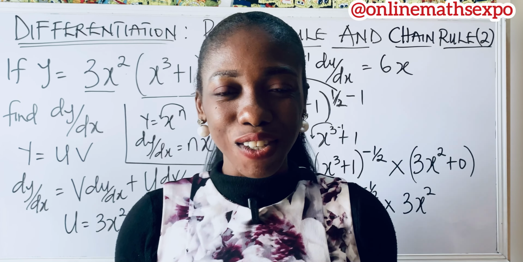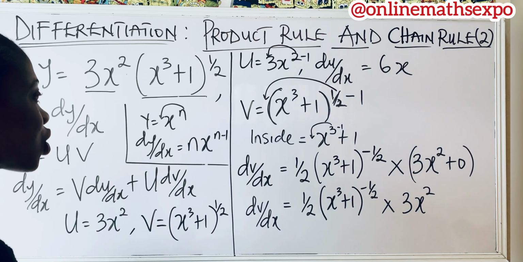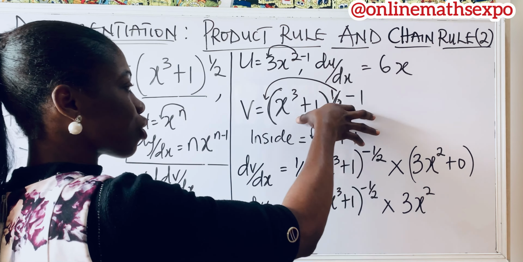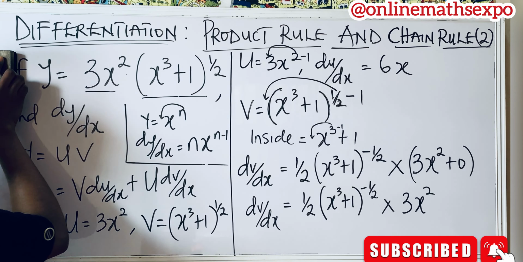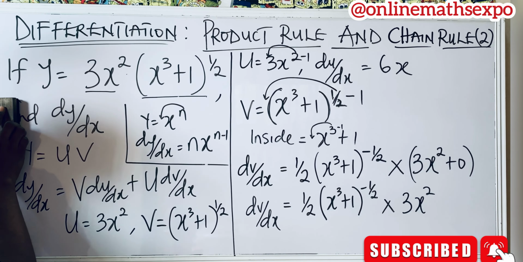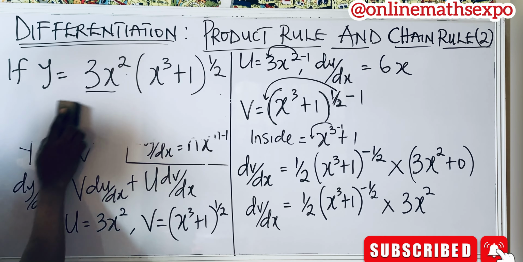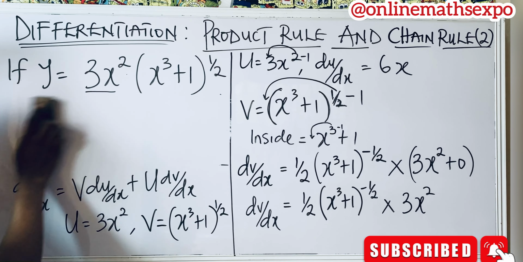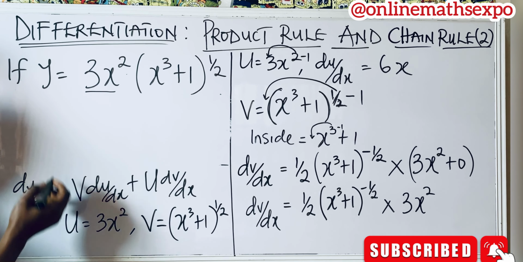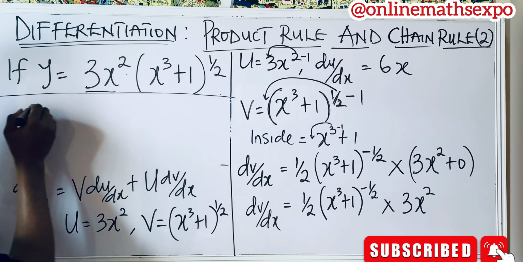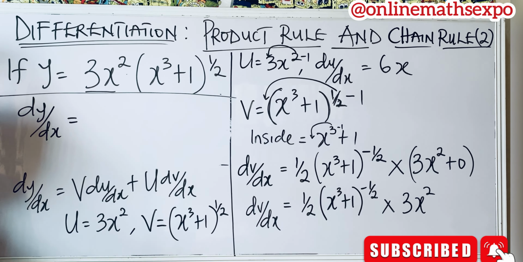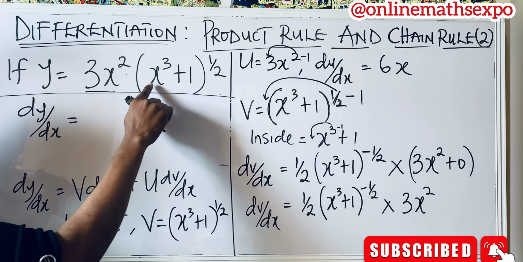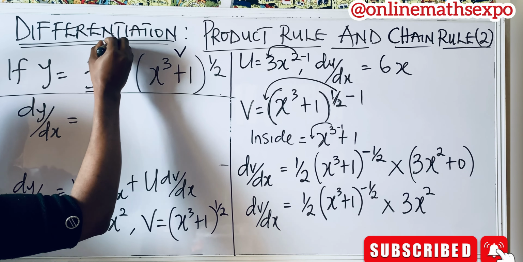Now let's continue. We are going to plug this into what we have stated here. If we are plugging it in, we can quickly say that our dy dx is equal to v. Remember we said this is our v and this is our u.